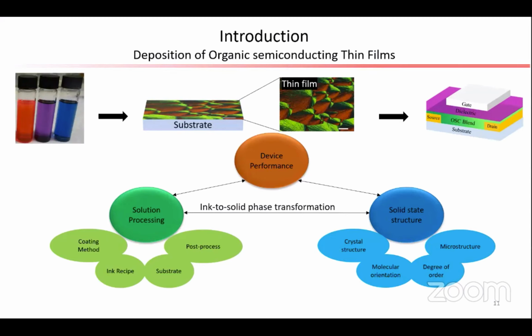All these things control the solid state structure, which is the molecular orientation in the solid state film, the degree of defect states, the microstructure, the crystal structure, etc. So overall, the performance of such a device is linked with solution processing and solid state structure.